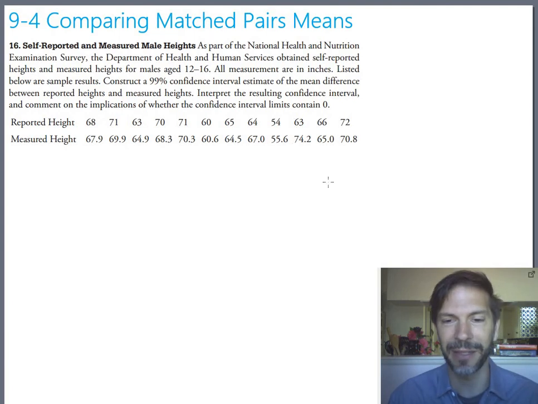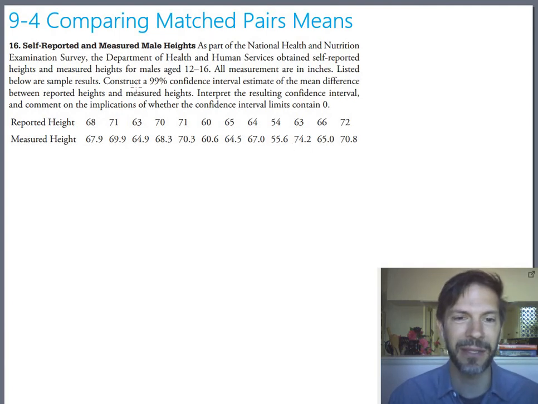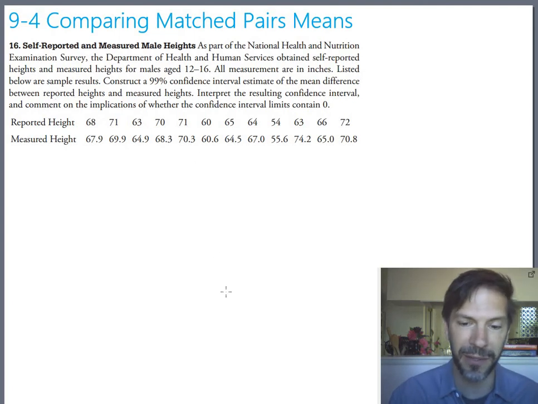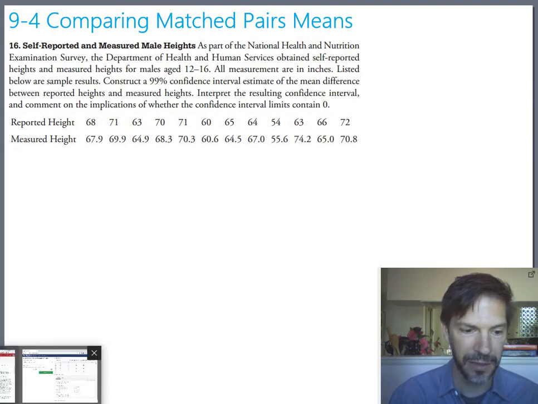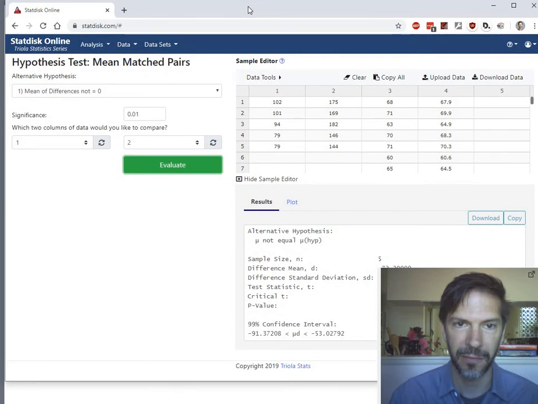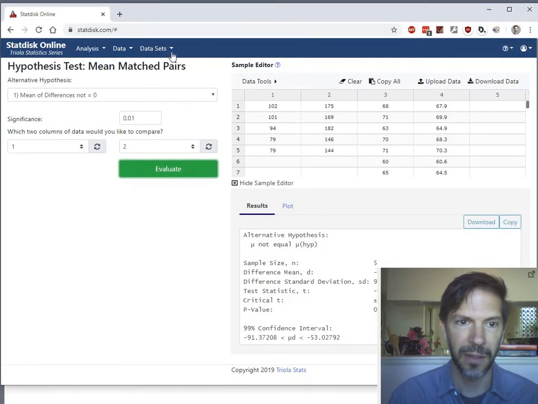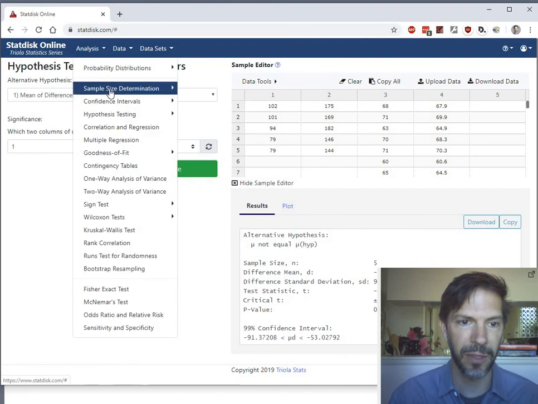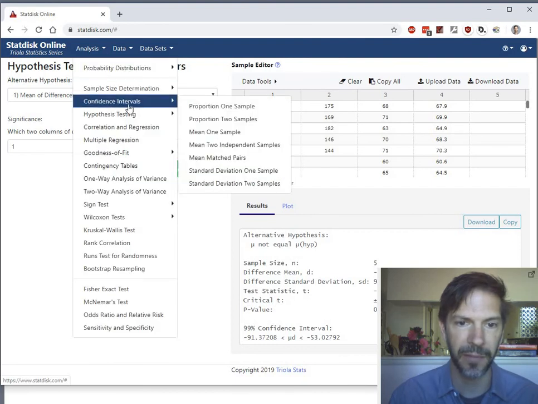But anyway, they say construct a 99% confidence interval for the difference between reported and measured. So we're not doing a hypothesis test this time. We're doing a confidence interval. So we can go right back to StatDisk. And this time we want a confidence interval. And we want mean for matched pairs data.